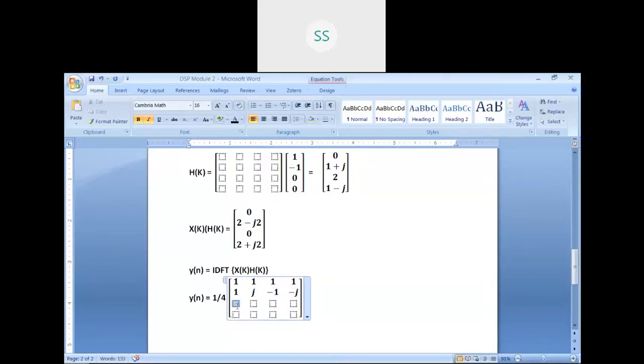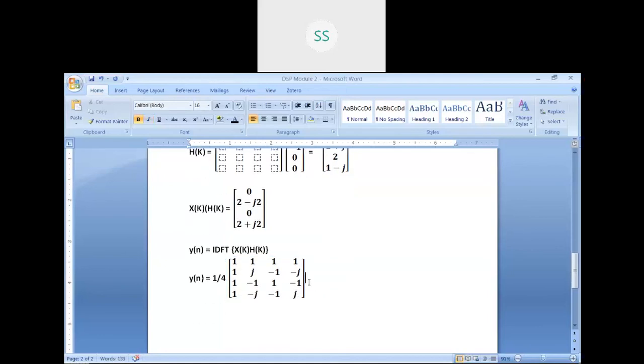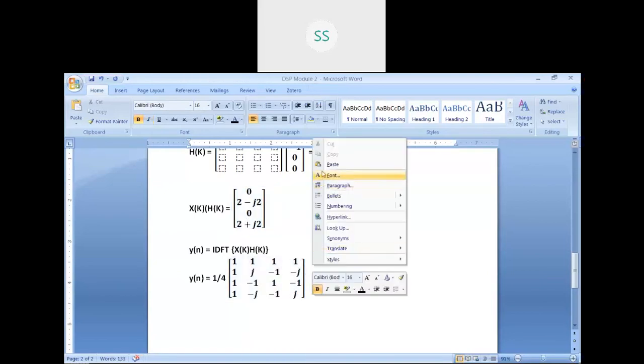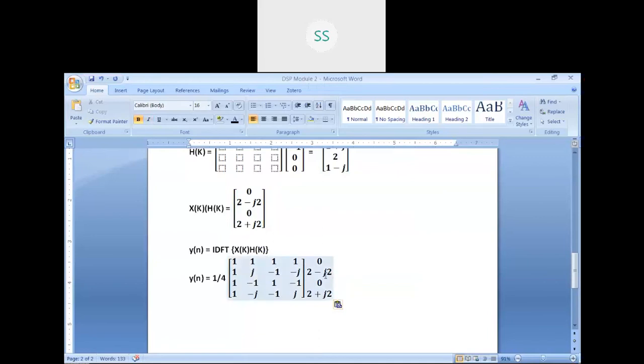So again 1, minus 1, and minus 1, and in the last row it will be 1, minus j, minus 1, then plus j. So this is the IDFT matrix. With this matrix you just multiply this. Okay, so multiply this. Tell me the result.